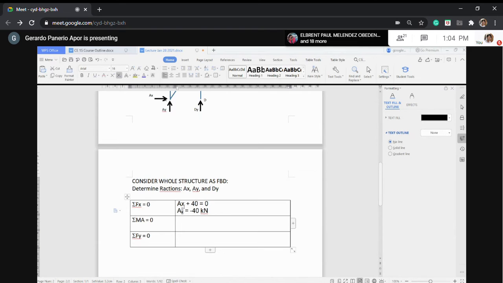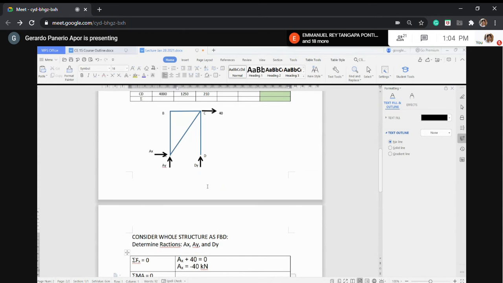That is supposed to be a subscript. So we have solved this one. It's negative 40, so we will put here equals to minus 40.